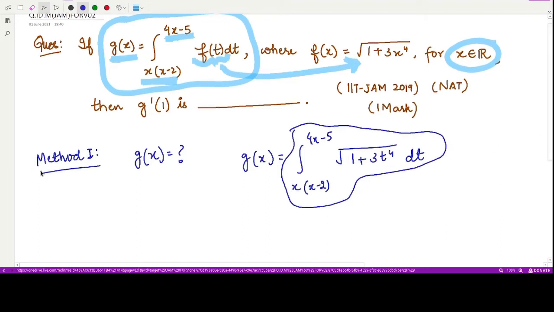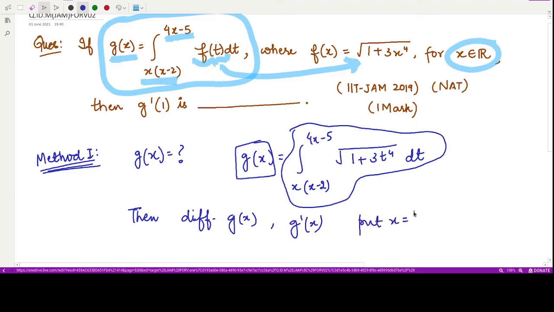So in the first method you first solve this integration to evaluate g of x, then differentiate this g of x to calculate g dash x, and then substitute x equal to 1 into g dash x. This is obviously the longer method and would require more calculations.